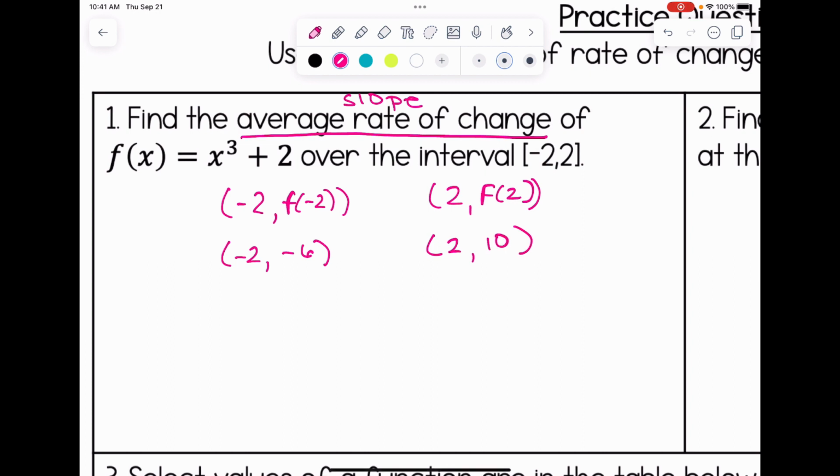So if I want to find the average rate of change, I would get 10 minus negative 6 over 2 minus negative 2. This would give me 16 over 4, or 4. So anytime, again, a problem asks for average rate of change, you're just finding the slope, but sometimes we just have to do this extra step of finding the y values before we could actually plug it into the slope formula.